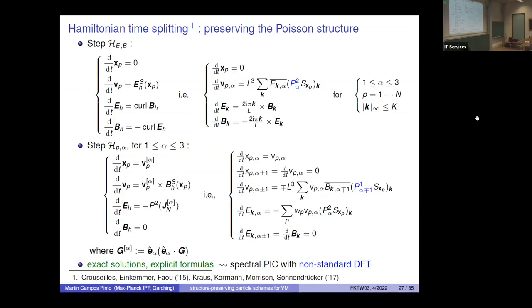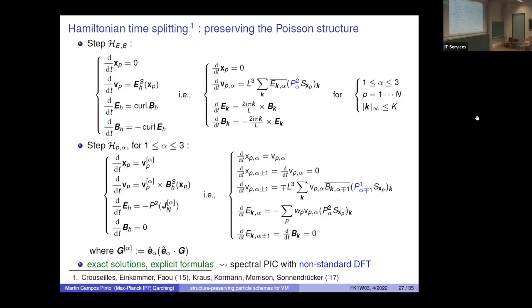And the same holds for the kinetic Hamiltonian steps. These are the equations for the substep. And these are the time equations in terms of all the coefficients. And you have explicit formulas, explicit solutions for these time equations.